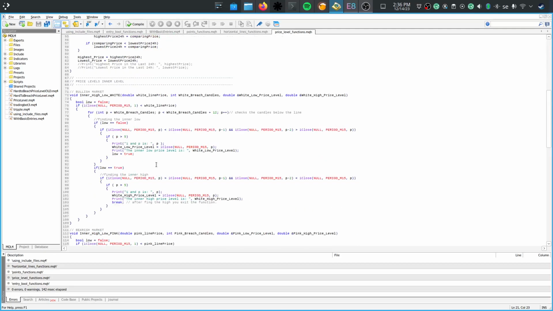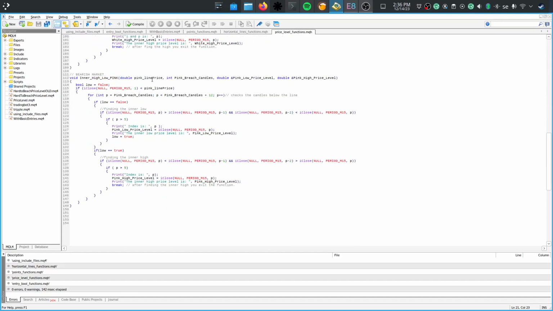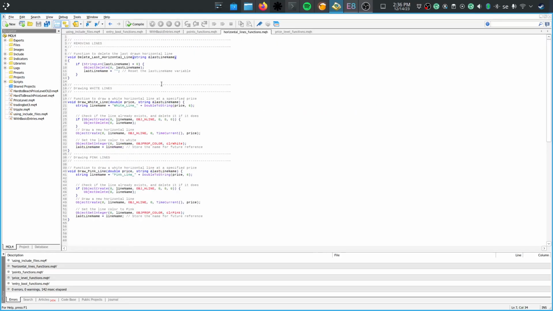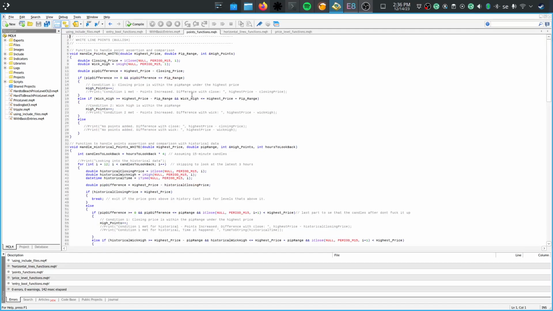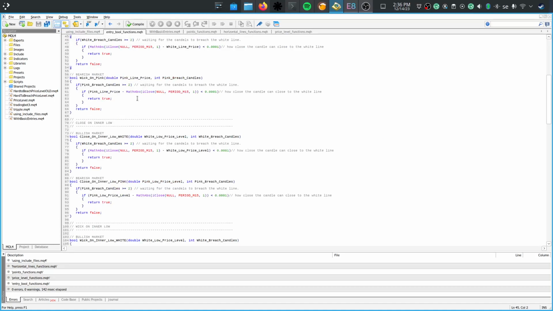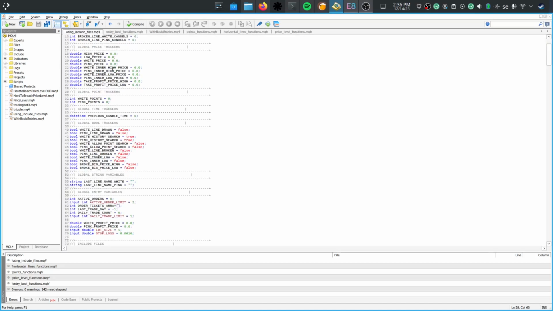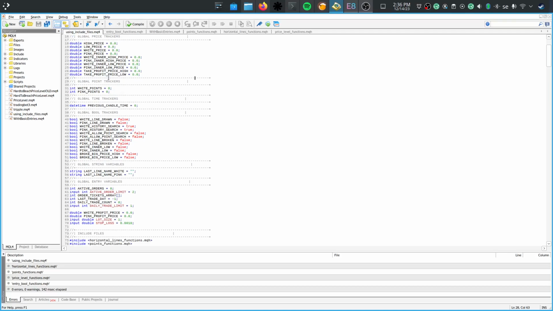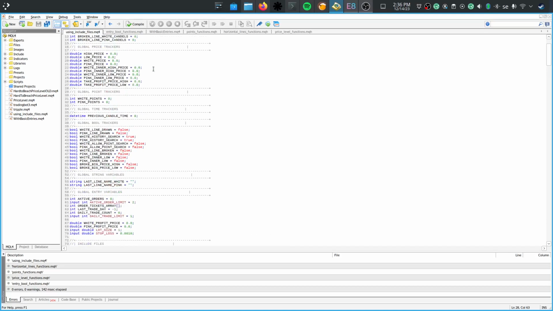And each include has from 60 to 150 lines, and it's not done yet. I need some additional functions for detecting patterns that stop me from entering trades or remove my lines and whatever. But in the main file I have all these globals which keep track of stuff.